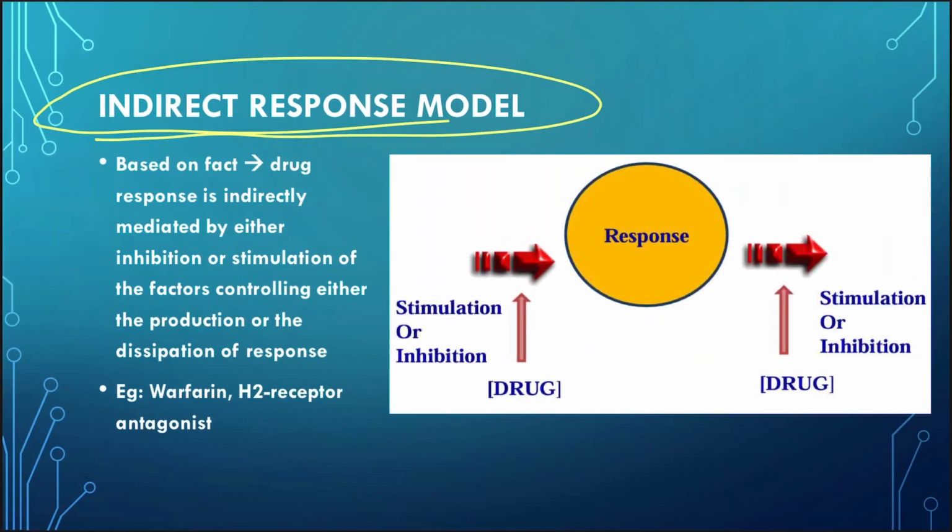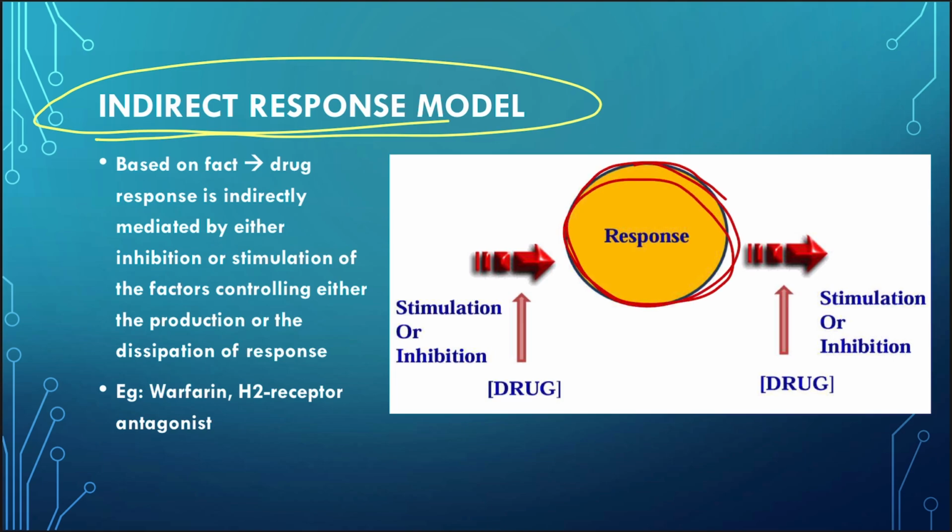In the case of the indirect response model, we are considering the fact that the drug response is indirectly mediated by either inhibition or stimulation of the factors which are responsible for production or dissipation of the response. Let me explain it in clear terms. Here you can see the image, this is the response.